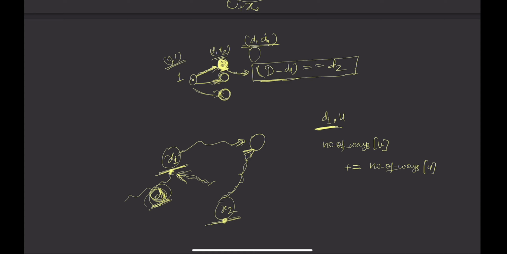Then only I can push its value to its neighbors. Okay, it makes sense to not visit this node again. That means sort it using their distances from the source, and the second value will be the node which I am picking, where I am standing at. From there go to the neighbors, right, and do the update of this. So we'll need a number of ways vector also.